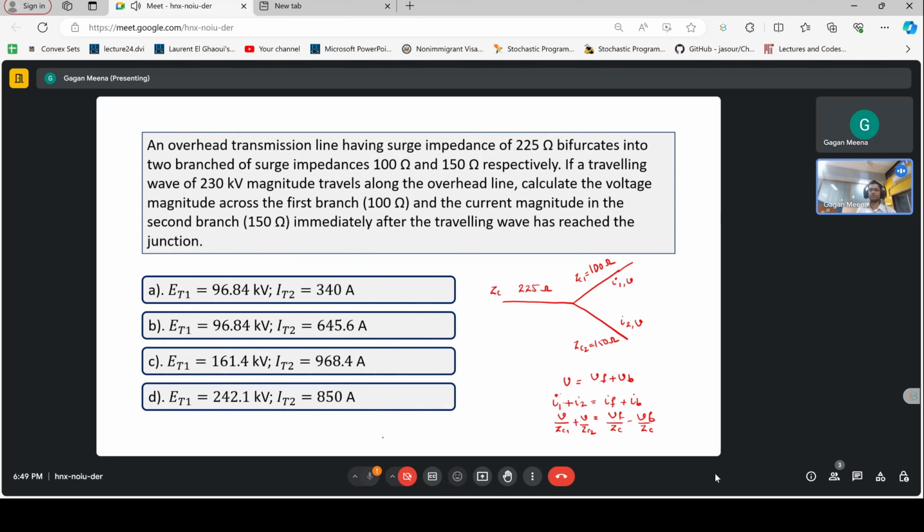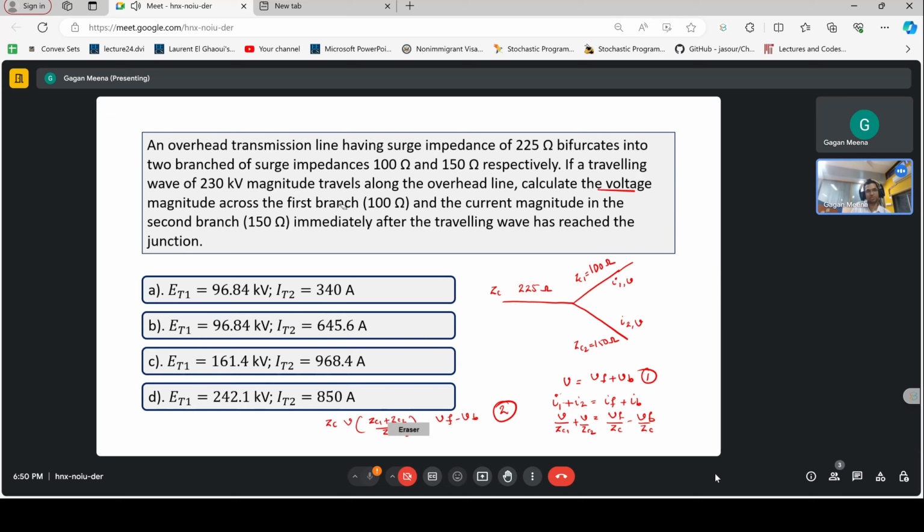Here we have to calculate the voltage magnitude across the first branch and the current in the second branch. So V and I2 you need to find out. Once V is known, I2 can be found out easily. So I2 is V by ZC2. So we need to find out V. You can find out V from here, by adding these two.